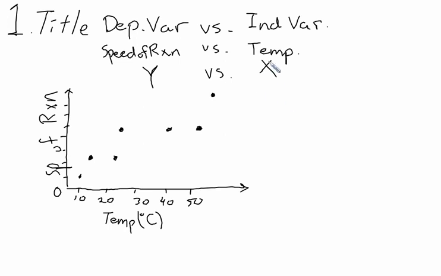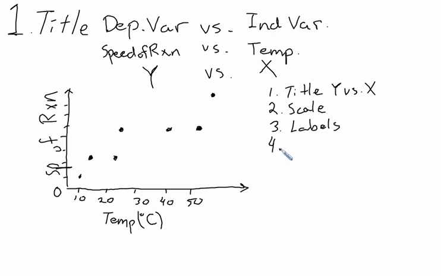So from here, we'll go over a quick review on what all graphs should have. One, all graphs should have a title, and that title should be y versus x. Two, you must always have a scale. Try to keep that scale even. Three, labels. Labels are good. And four, with the labels, give the units.